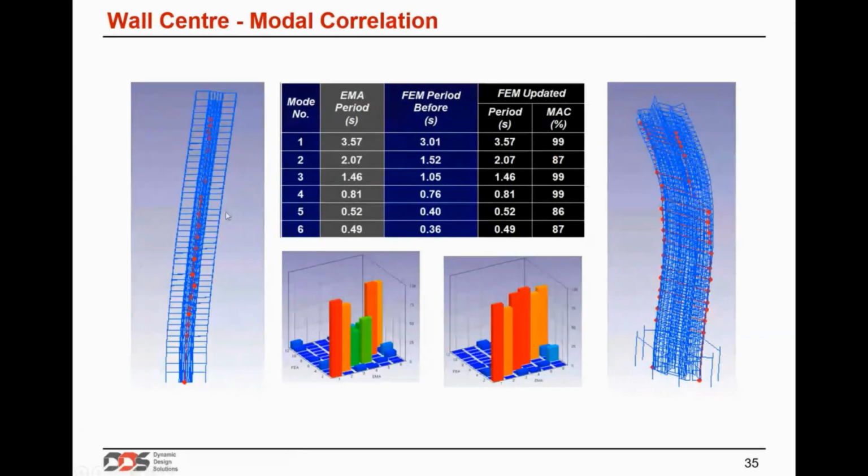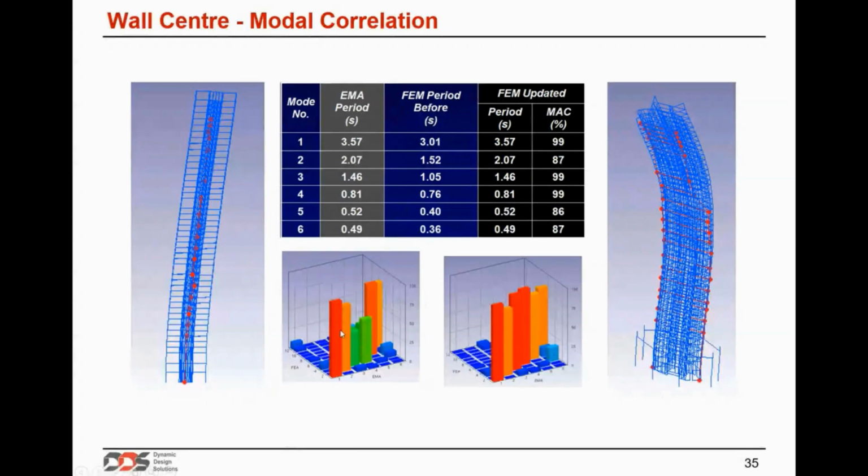Here you see the FEMtools model in blue, with in red the position of the sensors. It was possible to extract 6 modes. Here is the reference frequency, and then the results before and after updating, and the mode shape correlation.